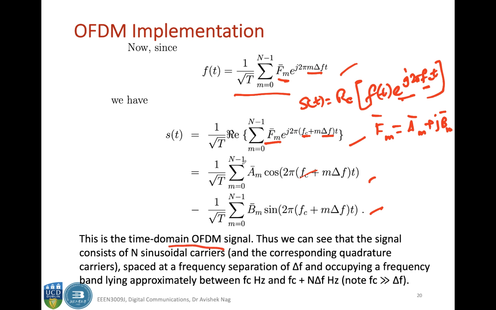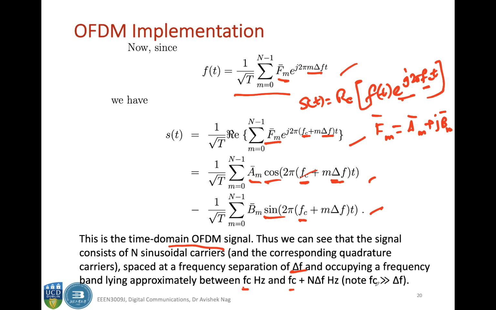So here you have all the information. Here you have all the N subcarriers from 0 to N minus 1, and the central frequency is f_c, and then they are delta f apart. And you have the in-phase component and the quadrature component. So these are spaced at a frequency separation of delta f and occupying a frequency band lying approximately between f_c and f_c plus N delta f.